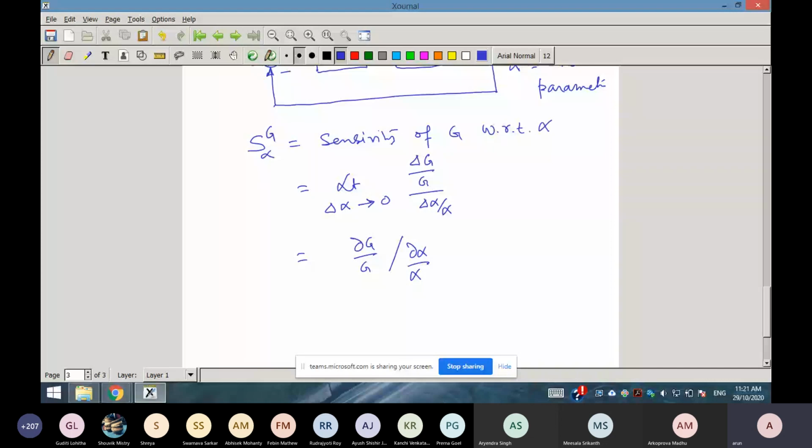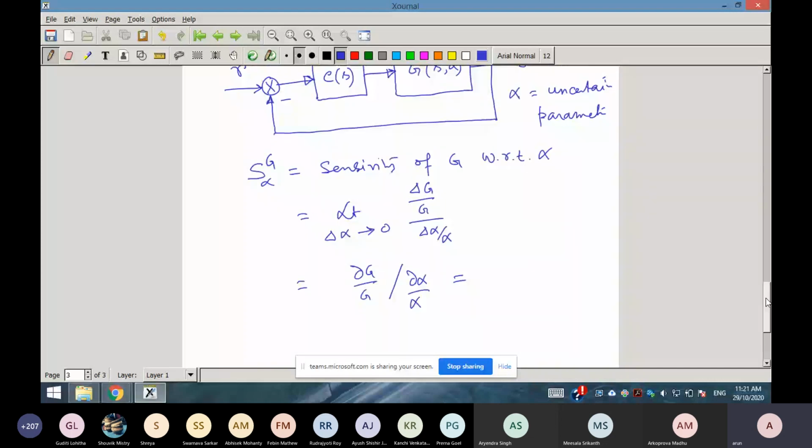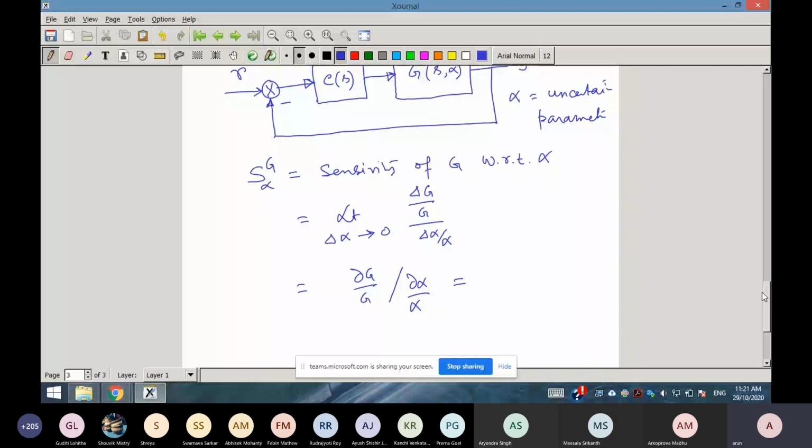Here you can see it is the open loop sensitivity, because if there is no controller, this is the sensitivity of G with respect to alpha. This is open loop sensitivity.